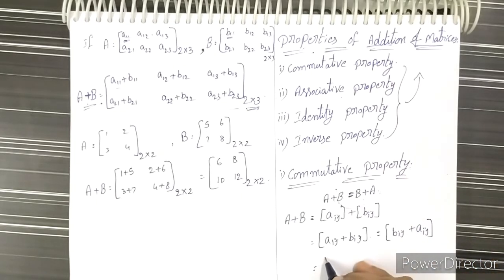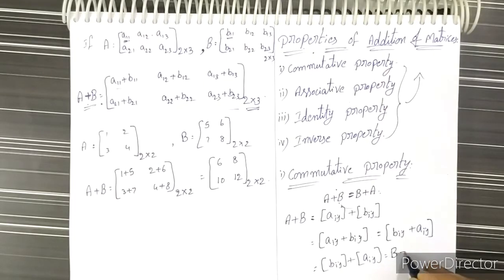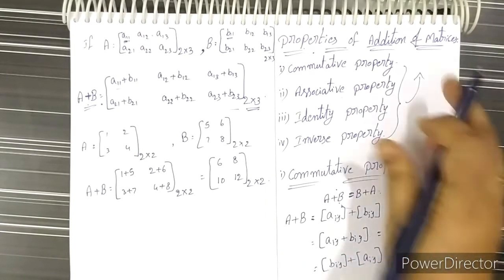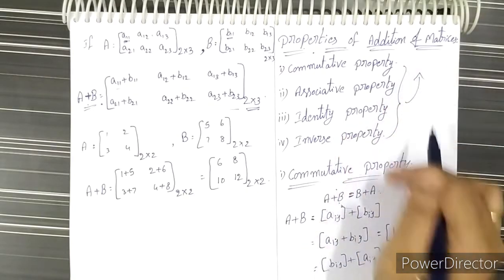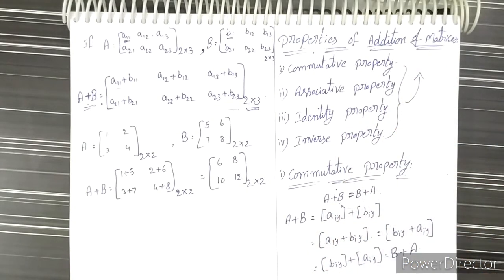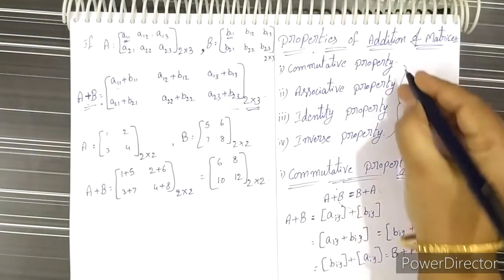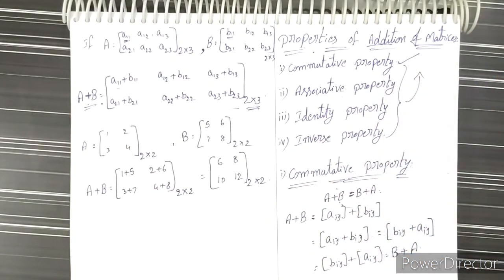Then that is split into Bij plus Aij, that equals Bij means capital B matrix plus Aij means capital A matrix. Then we can prove A plus B equal to B plus A. Then the addition of matrices is commutative. The addition of matrices follows the commutative property.